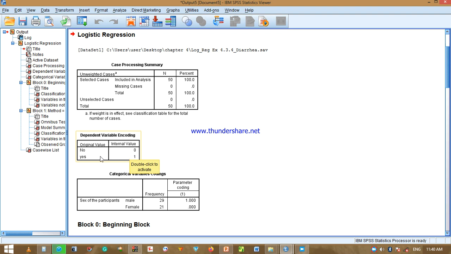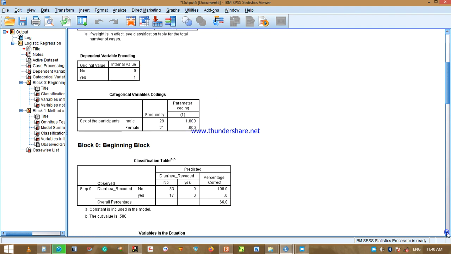If you have made a mistake, then you have a chance to recognize it at this point. Now the dependent variable is diarrhea, as we know. When there is no diarrhea, it is 0. When diarrhea is reported, it is 1. Therefore, this is correct. It's coded the way we wish it to be.